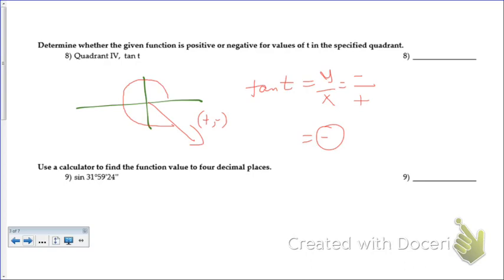Number 9, it says use a calculator to find the function value to 4 decimal places. So what I would do, and you can do this if you've got your calculator with degrees, minutes, and seconds. But if you don't, I would change this to all degrees and then find the sine of it.